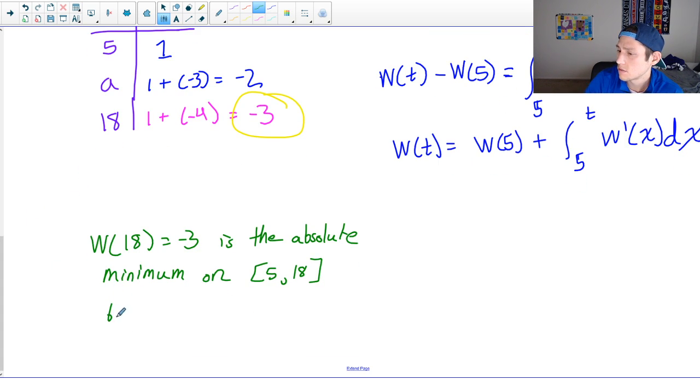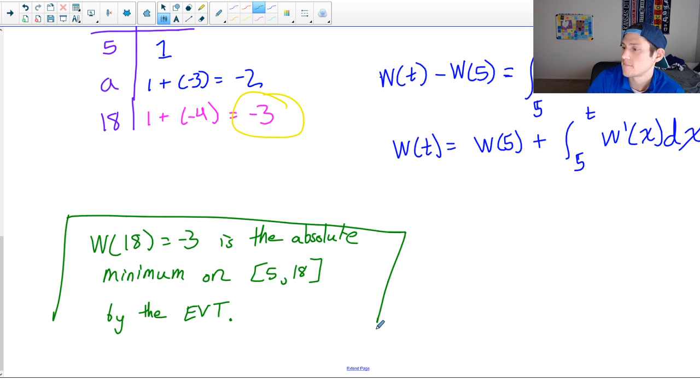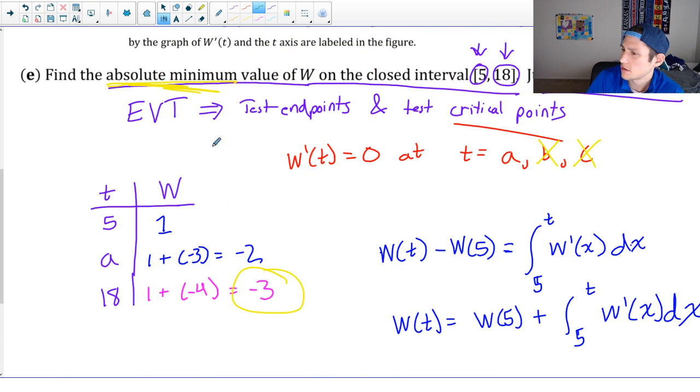Justify your answer, so by the extreme value theorem. Right, and we did that up here, testing the endpoints, testing the critical points, looking where W prime equals 0.